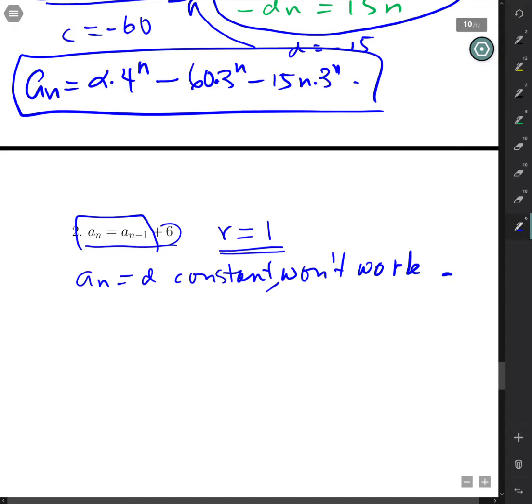Why? Because if you put it in there, you get d is equal to d plus 6, or 0 is equal to 6, which, between me and you, is not going to work.